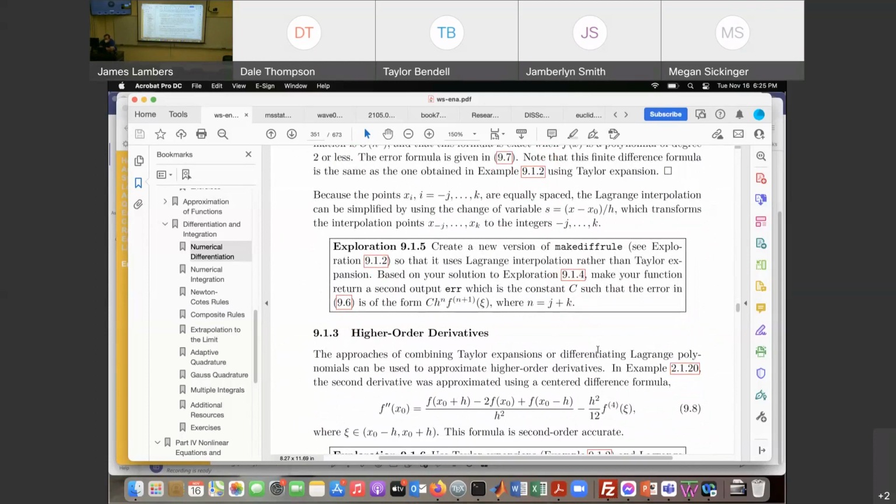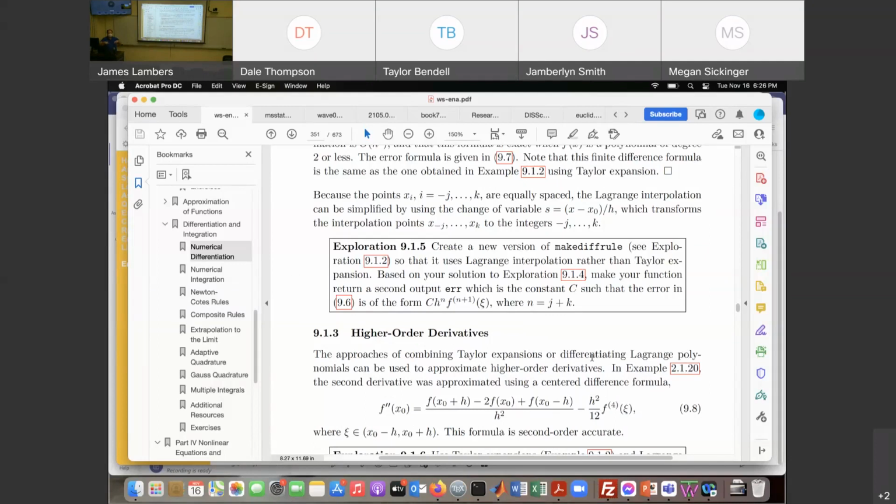Right, so for a previous assignment, you would have done make Lagrange, as if you're using that. Once you have Lagrange polynomials, how do you get the coefficients from them?